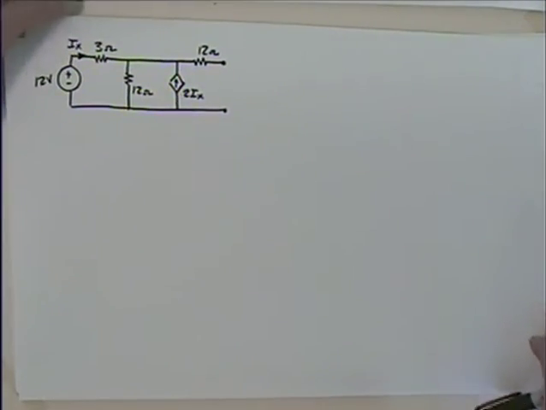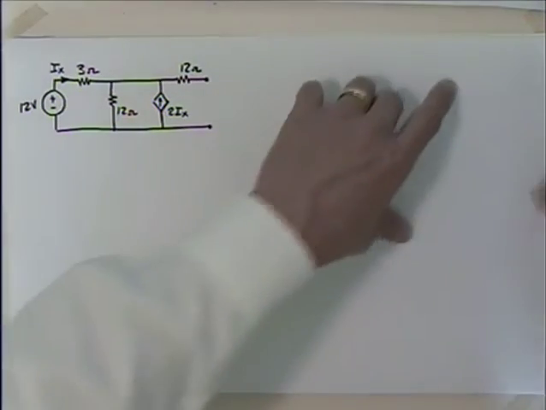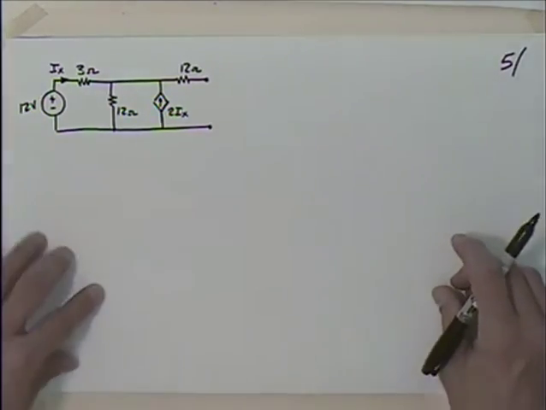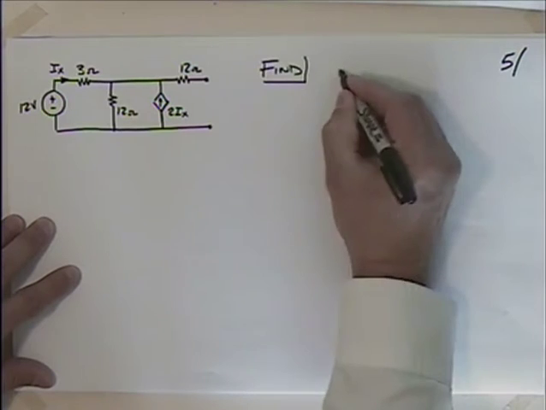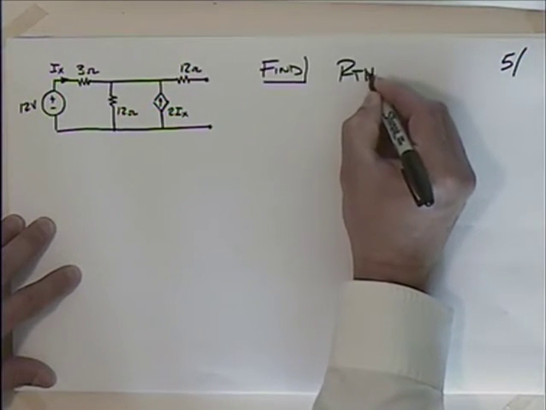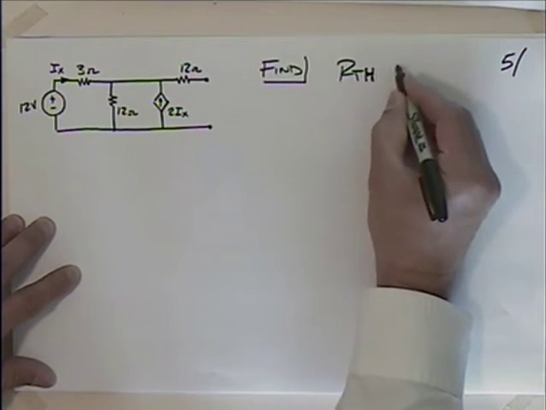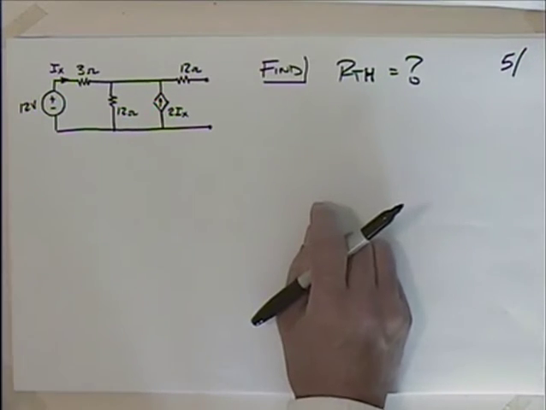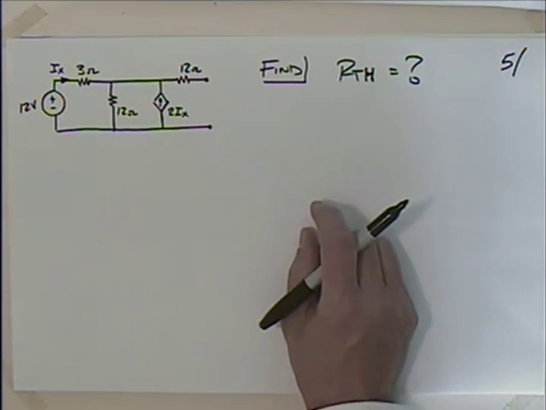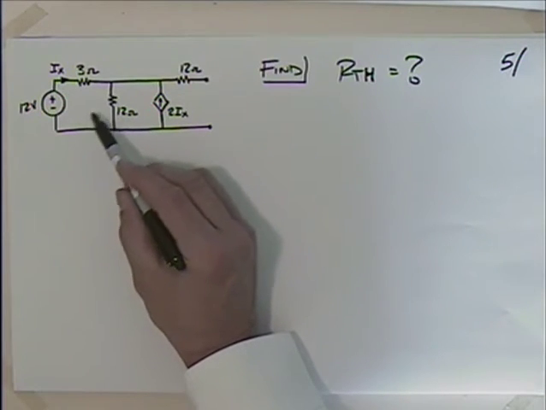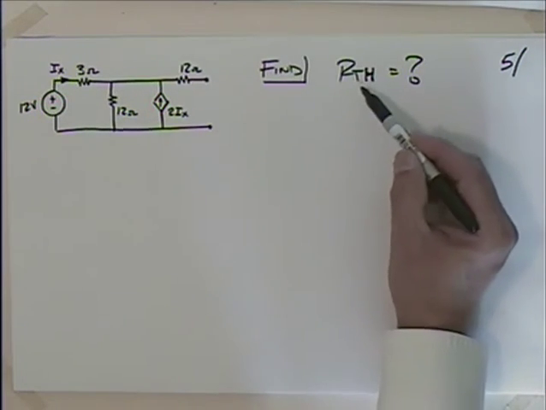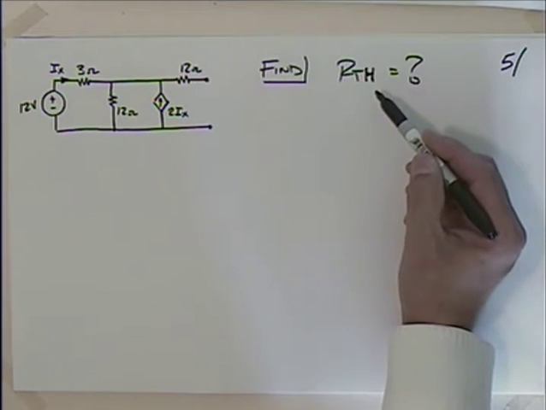So let's say we want to just find R Thevenin. Obviously if we find R Thevenin, maximum power is very easy to get at.